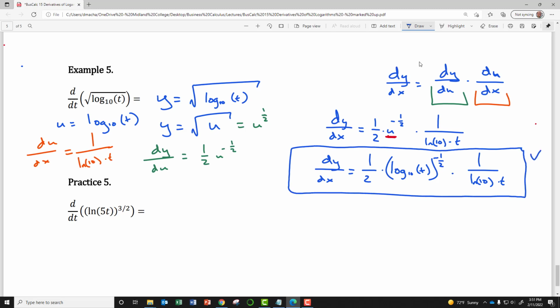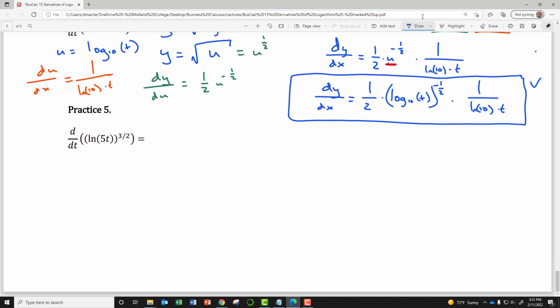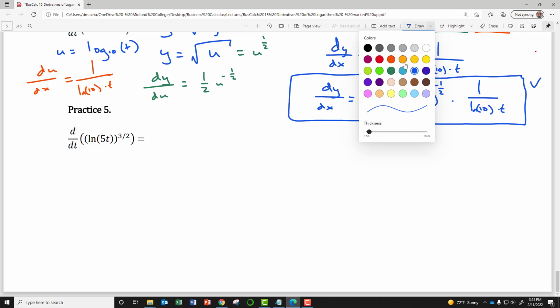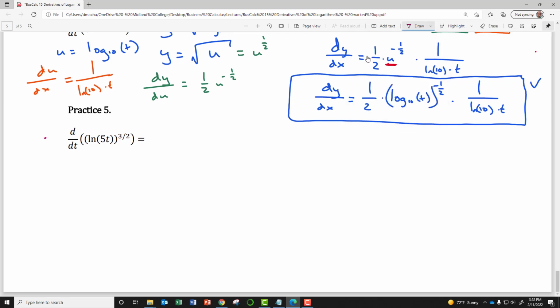Kind of a messy answer, but there we go. Practice 5 is again for you to pause the video and give it your best shot. I'm going to continue now, assuming you've already tried your very best here. And so let's give the answer for practice 5.